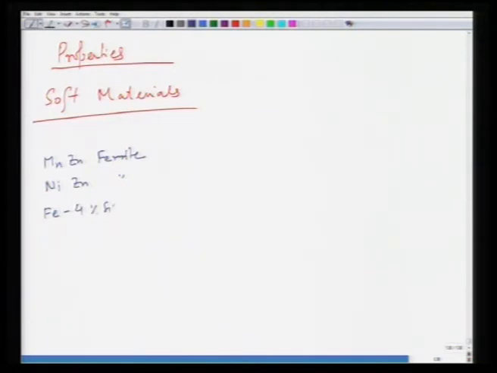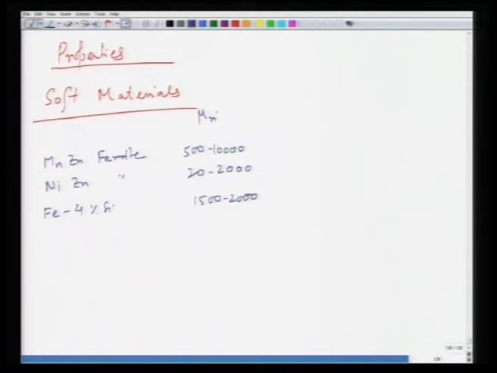For such materials, the permeability is of importance. For manganese zinc ferrite, it could be anywhere between 500 to 10,000. For nickel zinc, it could be anywhere between 20 to 2000 or 50 to 2000, and for iron silicon, it could be somewhere around 1500 to 2000.